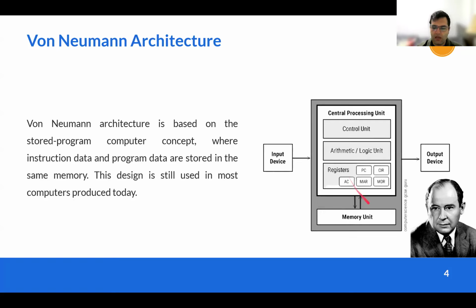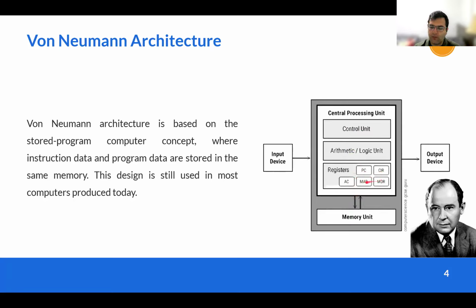So we're not going to go into too much detail, but you have the control unit. This is the one that decides what the next steps are. The arithmetic logic unit is the one that does the actual calculations. Then the registers, this is where the instructions are temporarily stored.